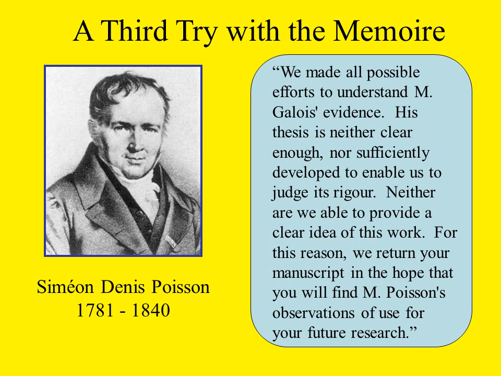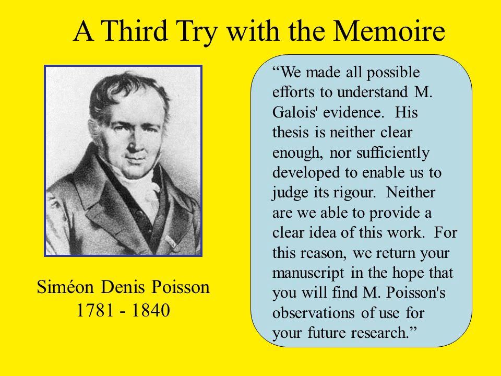With the encouragement of Poisson, Galois submitted his memoir of algebraic equations a third time. On July 4, 1831, the paper was given a negative ruling. The opinion was that the work was wrong. However, a careful review of the report revealed errors in the ruling. They wrote, "We made all possible efforts to understand M. Galois' evidence.